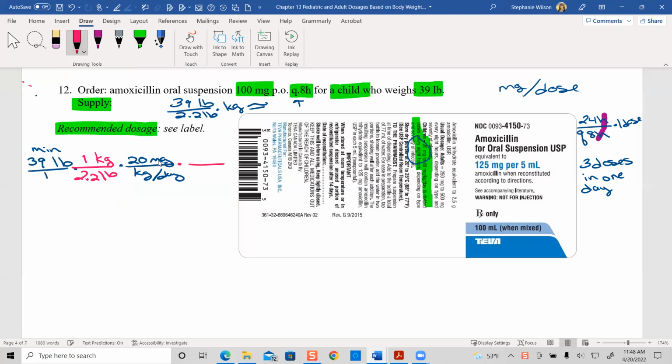So I know that in one day, they're going to take 3 doses according to recommendations. And now I'm going to say 20 times 39 times 1, all divided by 2.2 divided by 3. So it gives me 118.2.